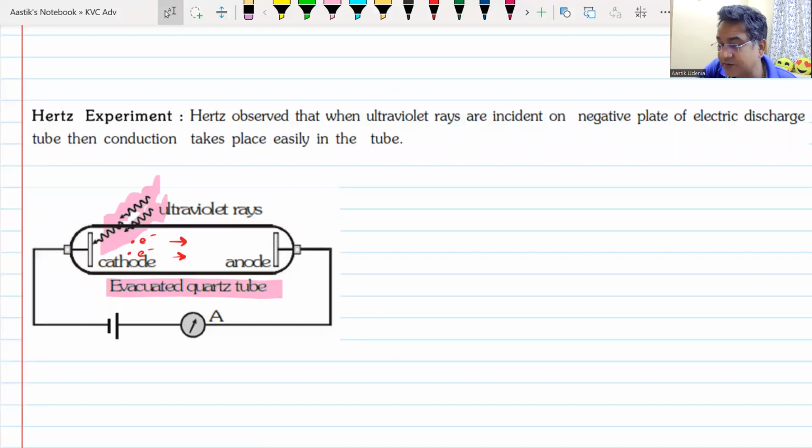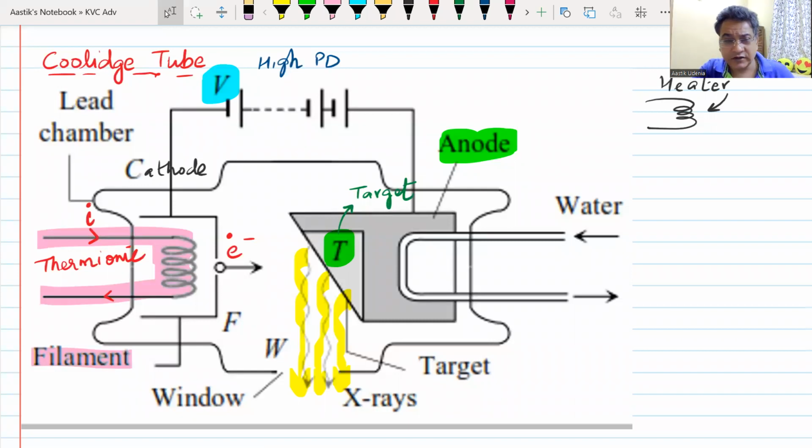If you look at the Hertz experiment, rays were falling on a photosensitive surface and photoelectrons were emitted. Rays were falling, electrons were emitted. If you now look, electrons are falling, X-rays are emitted. So in a way, it becomes the reverse of the photoelectric effect.